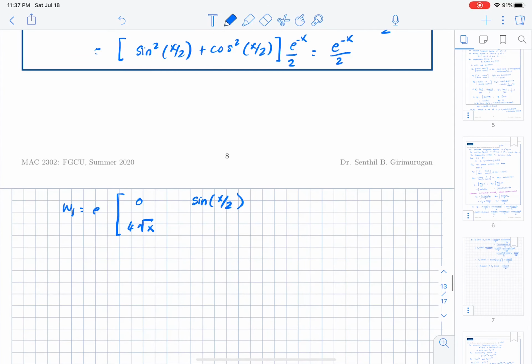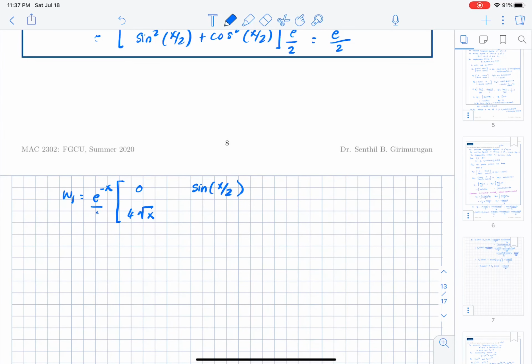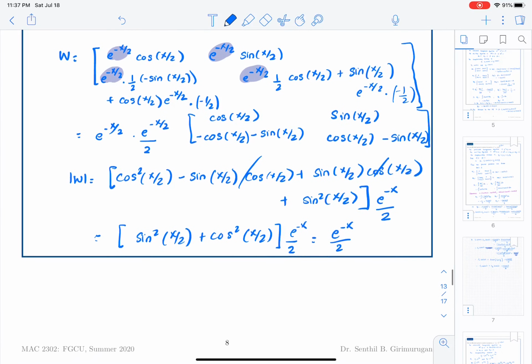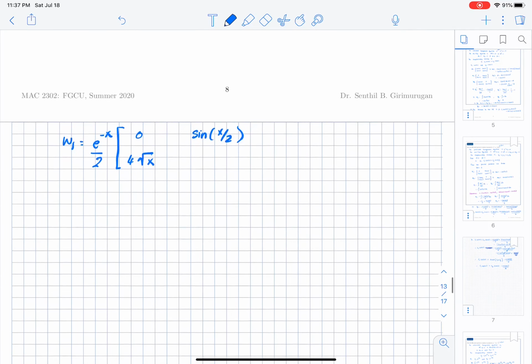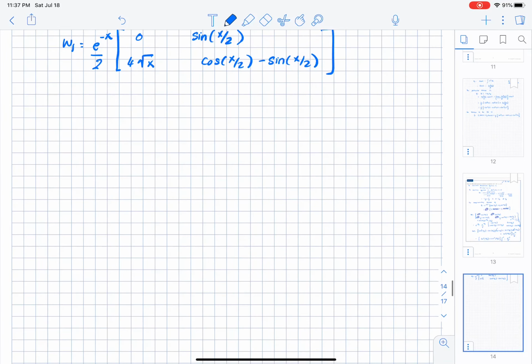I'm going to pull e raised minus x out, and I'm going to pull 1/2 out, and I'll simply have cosine x over 2 minus sine x over 2. So the determinant of W1 is e raised minus x over 2 times minus 4 root x sine x over 2.